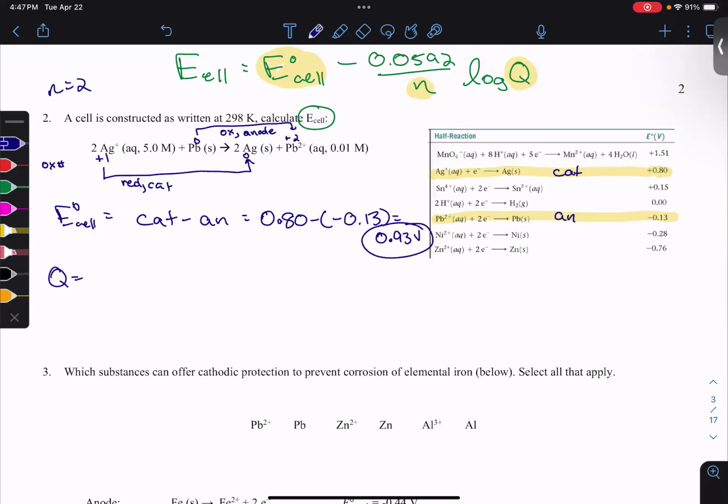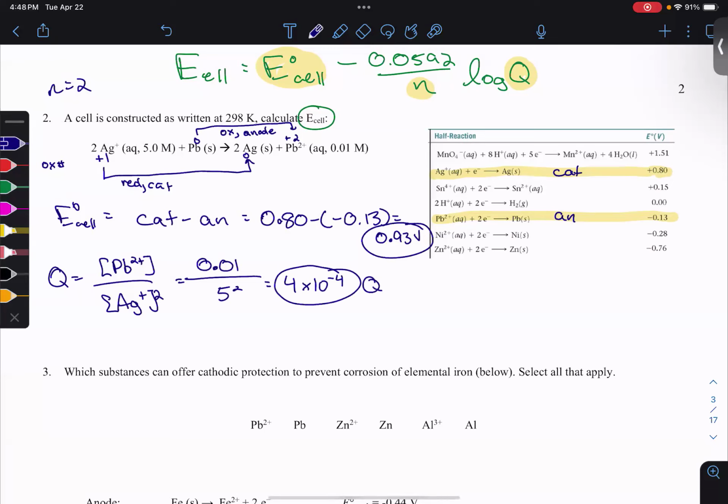So Q is equal to lead concentration over silver concentration, and it is squared. Yes, you'd only know that square is there if you had the balanced equation. So placing those numbers in, lead is 0.01, silver is 5 squared, and so this answer is 4 times 10 to the negative 4.